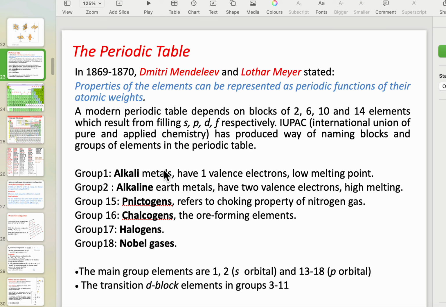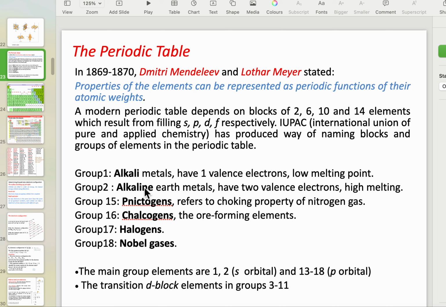IUPAC, the International Union of Pure and Applied Chemistry, has produced a way of naming blocks and groups of elements in the periodic table. Group 1 are called alkali metals, which have 1 valence electron in the last orbital and possess low melting points.